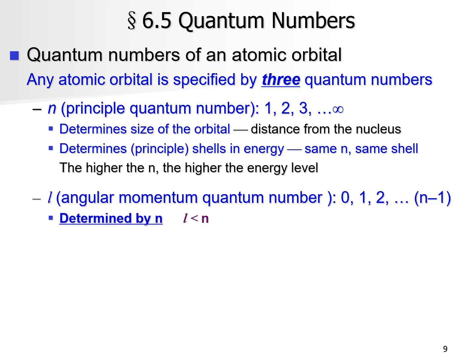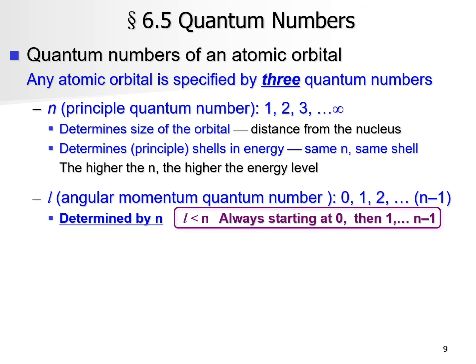In other words, the second quantum number, the angular momentum quantum number, is determined by n. And that is always true: l is less than n. While l can start at 0, it changes its value by 1 at a time and ends with n minus 1.